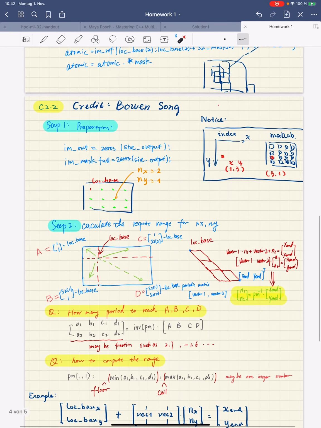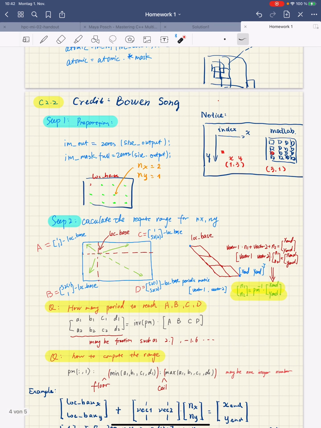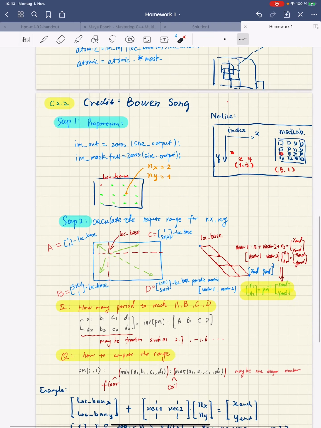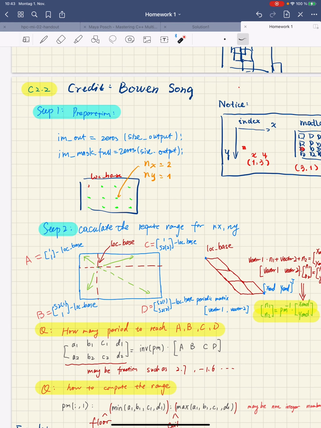For example, here we have this atomic element with the given location base, and we need to find the other location bases for other atomic elements, which are indicated by these gray points. For example, for this point, nx should be 2 and ny should be 1. So what we care about is the most corner ones. So how do we get that?